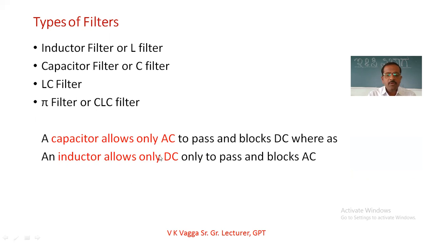These are important and should be remembered. According to the syllabus, it has only the working of the capacitor filter and the pi filter. So a capacitor allows only AC to pass and an inductor allows only DC to pass.